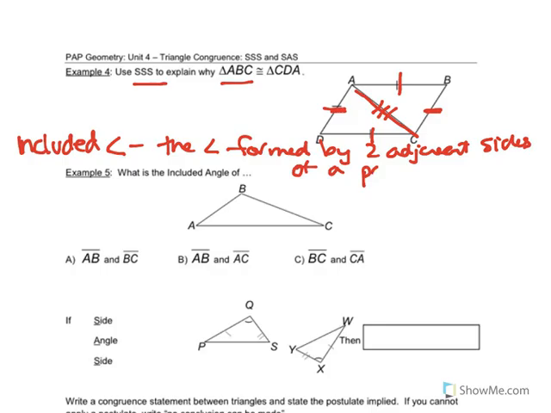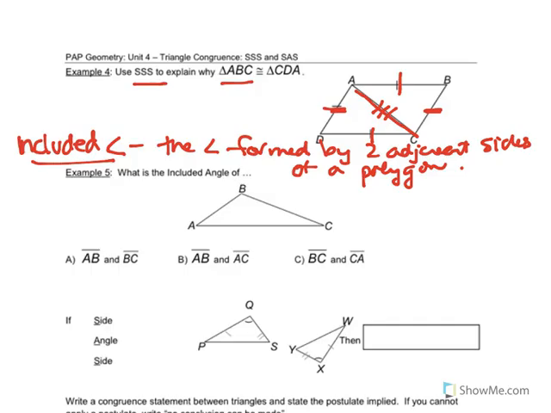So yes, it could be any type of polygon. We're concentrating on triangles here, but this is always going to be the case. For any polygon, it's going to be the angle that's formed by the 2 adjacent sides.